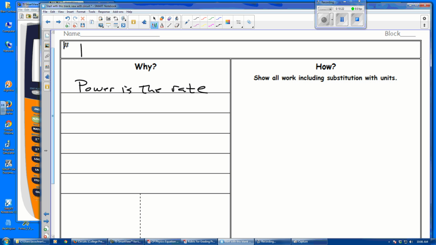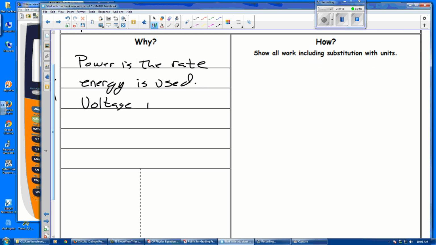Let me finish at the middle of this, and then I'll be glad to help you individually, but I'm kind of doing this first. Power is the rate energy is used, and we know things like voltage is the amount of energy each charge has.